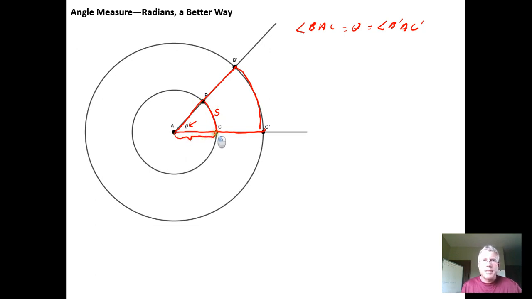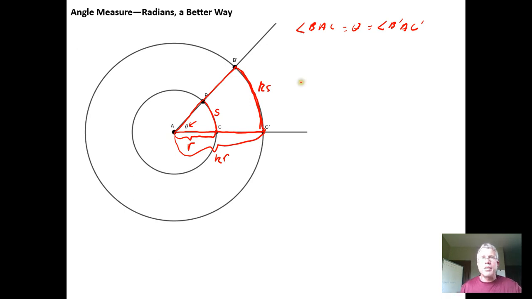And if this distance here is some radius R, then this larger arc, because it's just a scaled up version of the arc S, is just going to be some positive scalar multiple of S. So it's going to be equal to some positive real number K times S. And this larger radius here is just going to be K times the smaller radius.